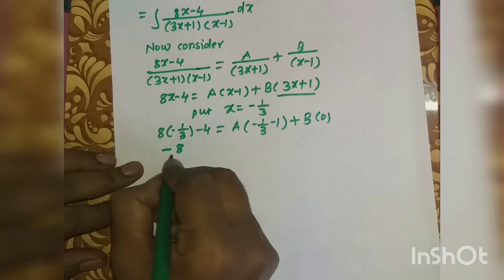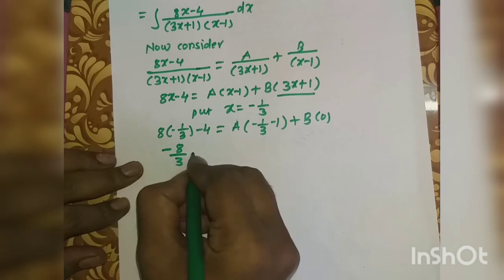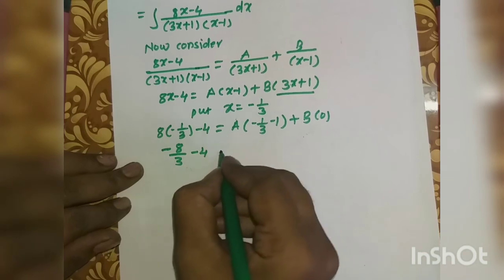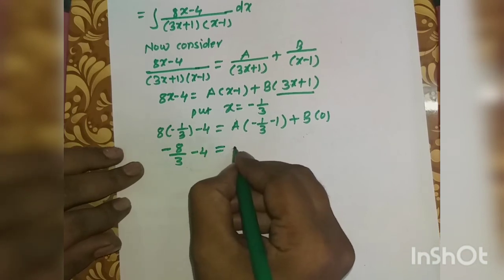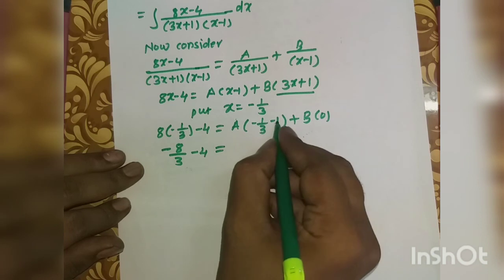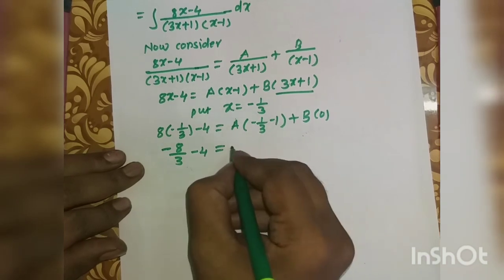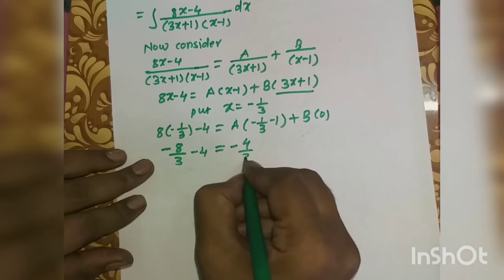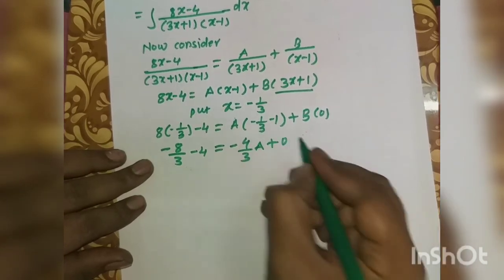That gives minus 8 by 3 minus 4 is equal to minus 4 by 3 a plus 0.